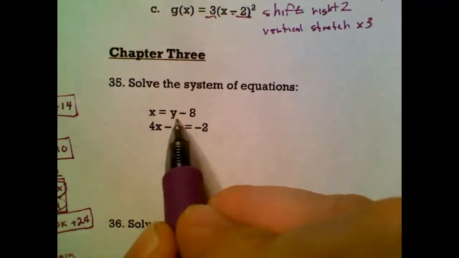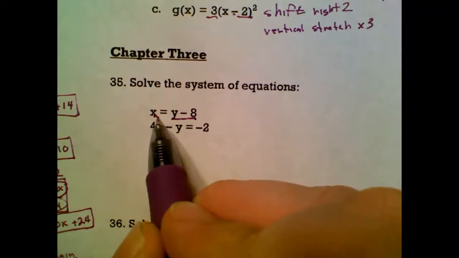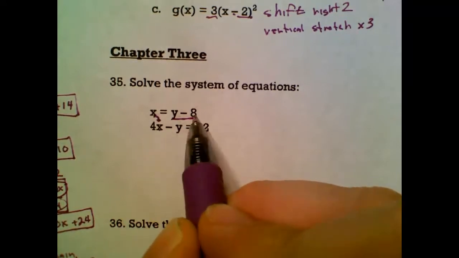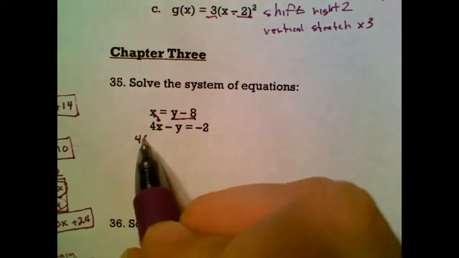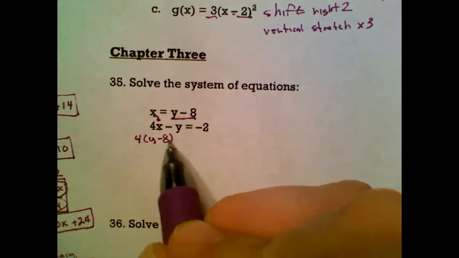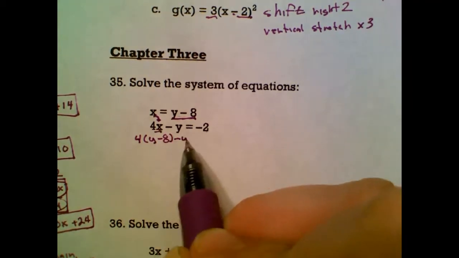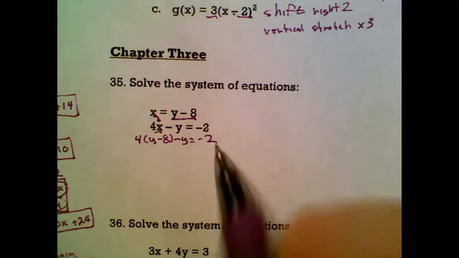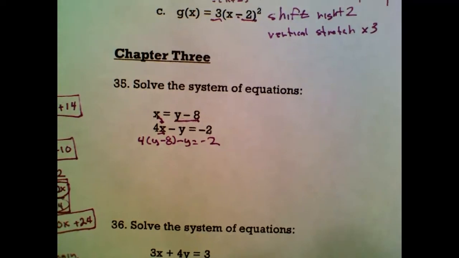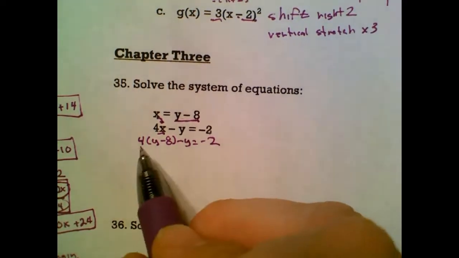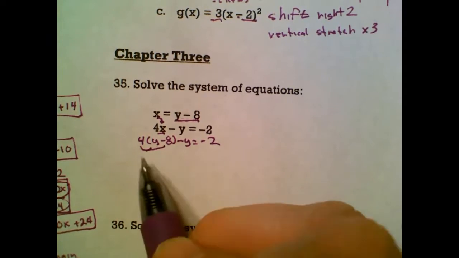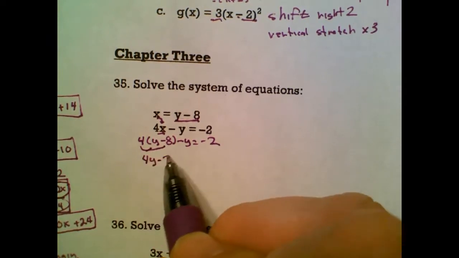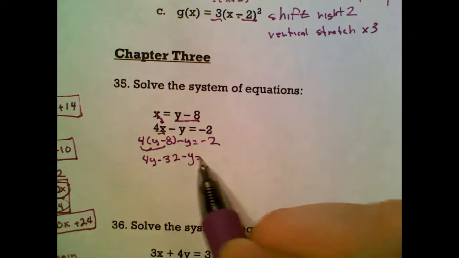Since this x is also equal to y minus 8, we're going to rewrite this as 4 times (y minus 8) minus y equals negative 2. Let's distribute that, so we got 4y minus 32 minus y is equal to negative 2.